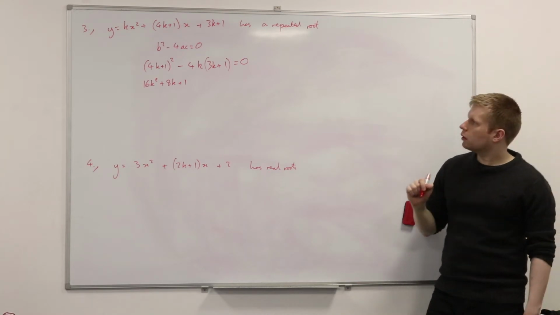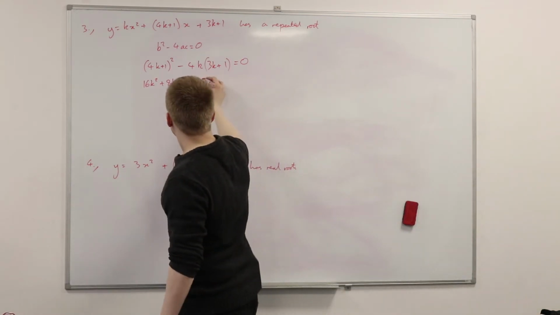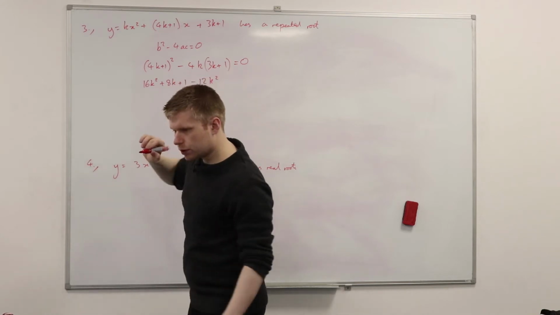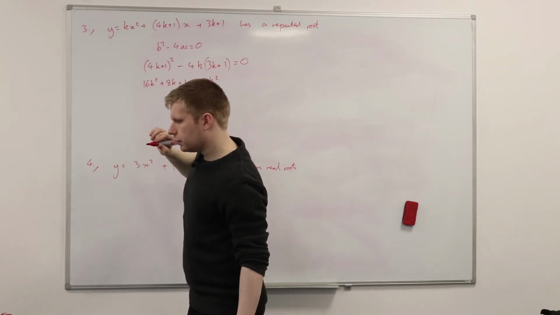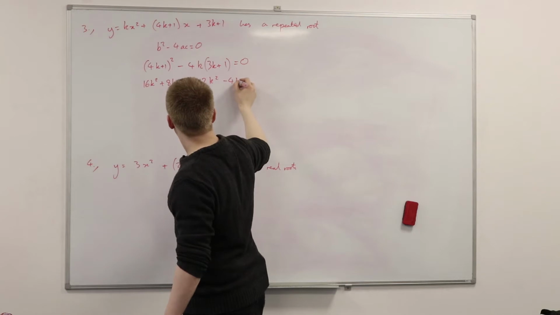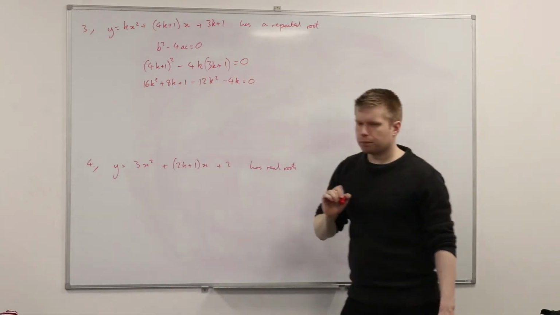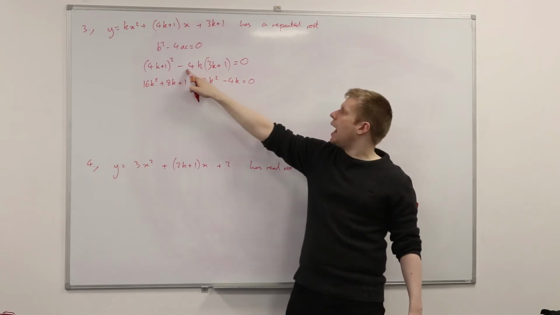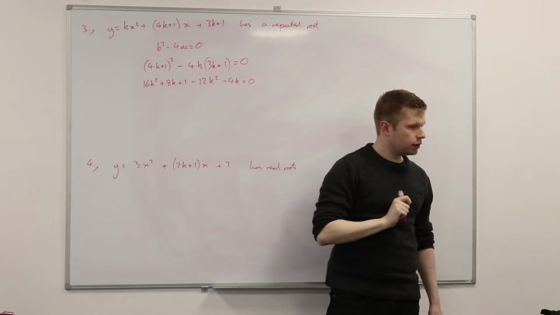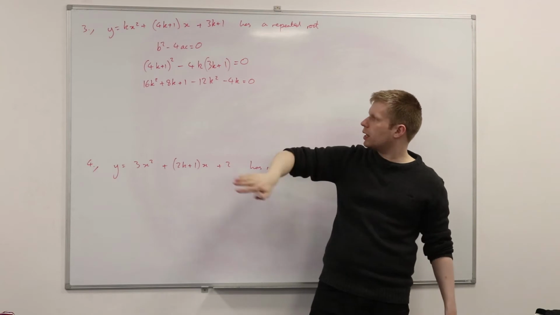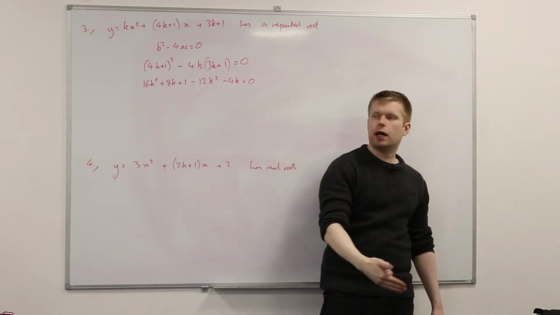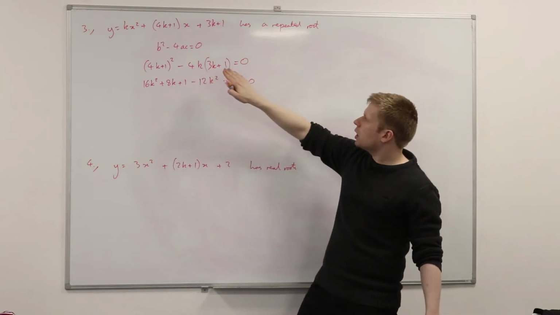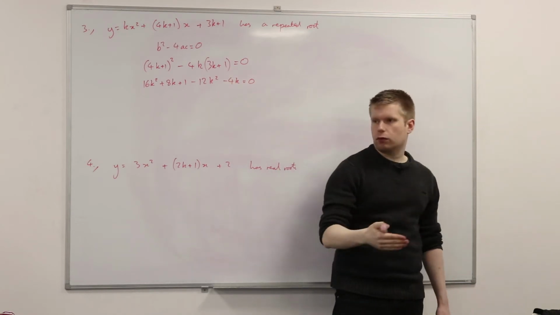Negative 12k squared plus negative 4k. Does that make sense to everyone? Yeah, because you're taking the whole of negative 4k and multiplying it across these brackets. So negative 4k times 3k makes negative 12k squared, and negative 4k times positive 1 makes negative 4k.